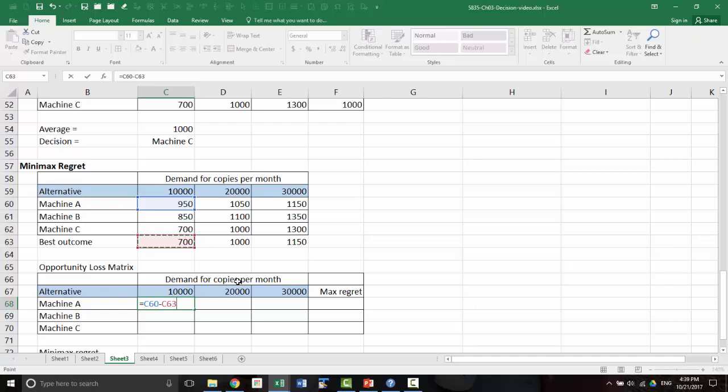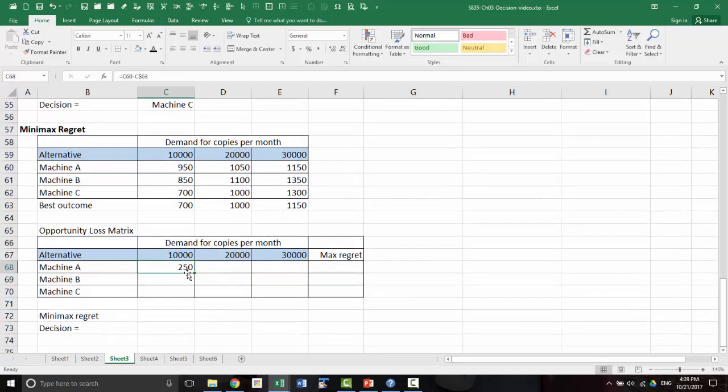Now this needs to be absolute referenced with column floating, row fixed. So I have to do F4 twice. All right, so now we copy that and copy across. So now we have regrets. Okay, so at this point we are looking at maximum regret and you want to minimize that.